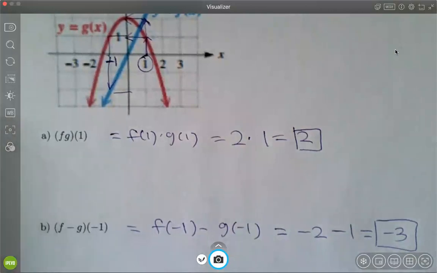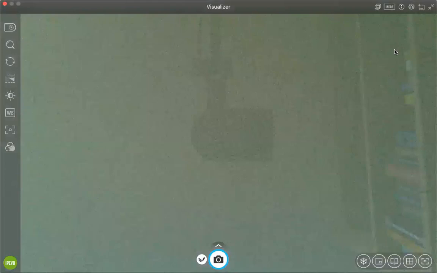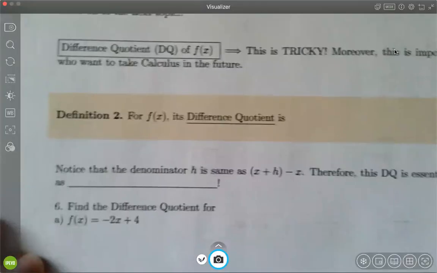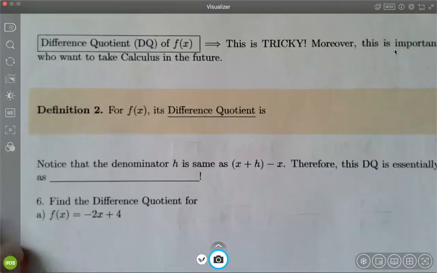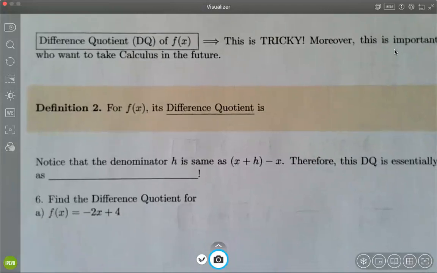Okay, so can I go to the next page? Okay, so now there are 2 more topics to go. So here's the next topic, the difference quotient, which I always call DQ, not the Dairy Queen, of f of x. So now, if you have to take calculus in the future, now how many of you have to take calculus in the future?